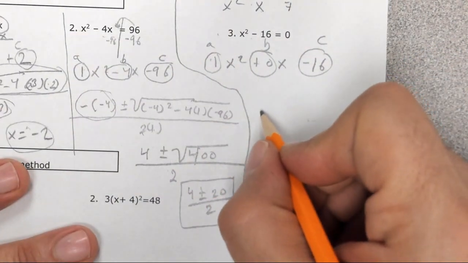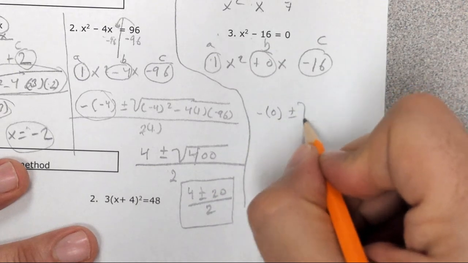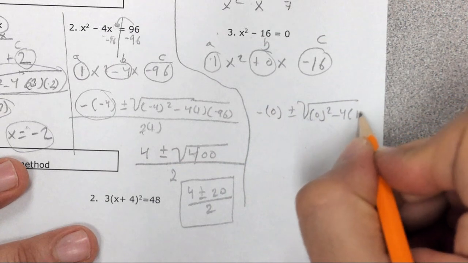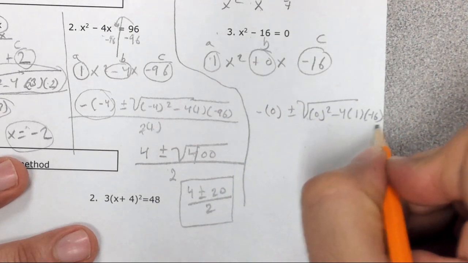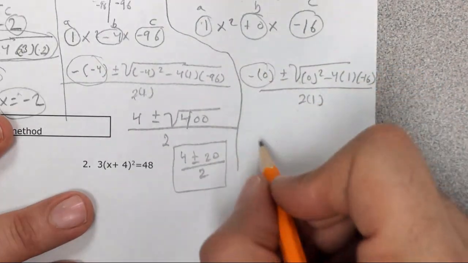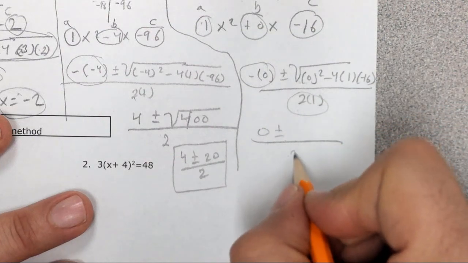And we do our formula, negative B plus or minus the square root of B squared minus 4 times A times C all over 2A. And again, we plug this in the calculator, that gives me 0. Plug this in the calculator, that gives me 2. Plug this in the calculator.